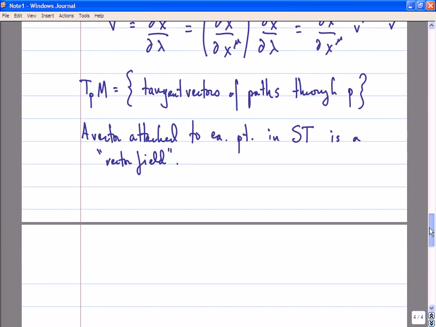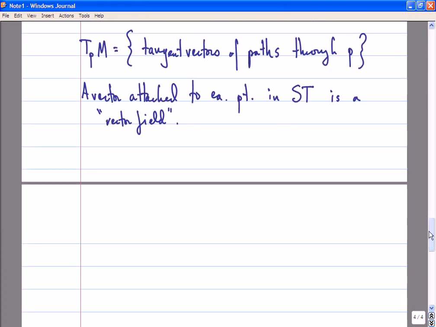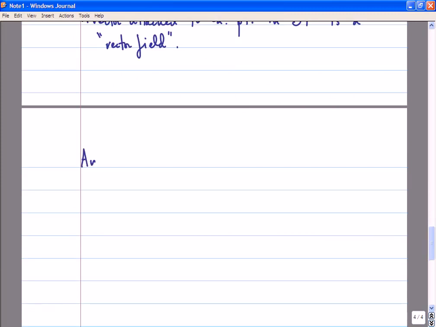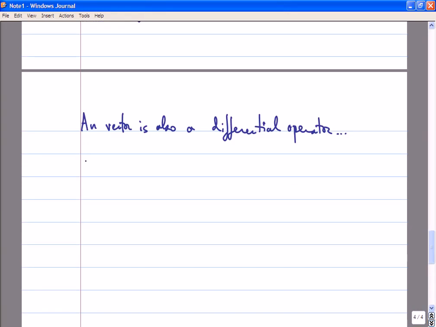So, another, perhaps more intrinsic way of thinking about vectors is that a vector can also be thought of as a differential operator. So what do I mean when I say that? Let's imagine that we have a scalar and a vector whose components in a given coordinate system x mu can be written as v mu.